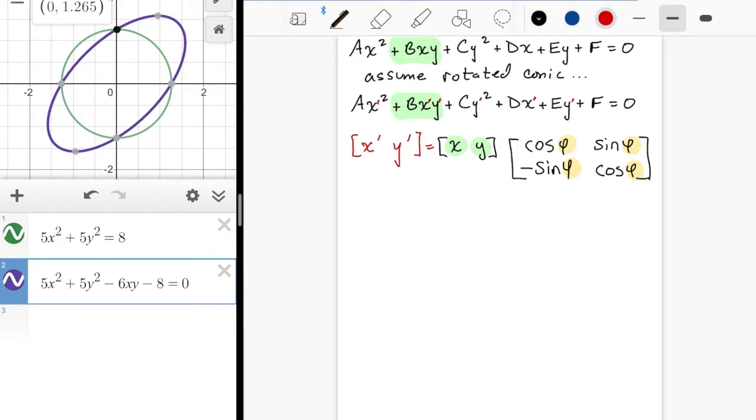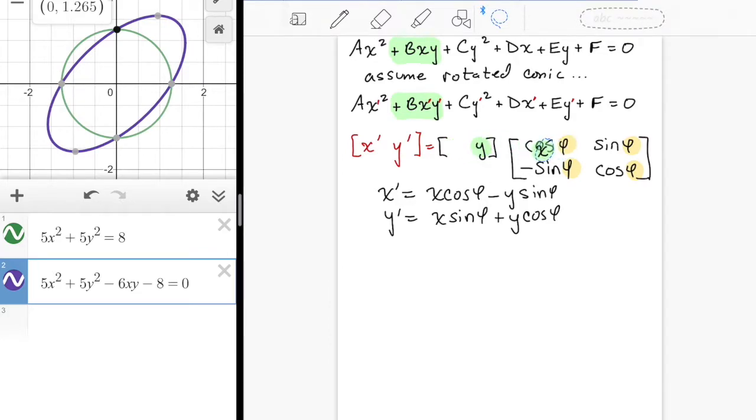Carrying out that multiplication and associating everything properly, we get x prime equal to x cosine phi minus y sine of phi. Then y prime is equal to x sine of phi plus y cosine of phi.